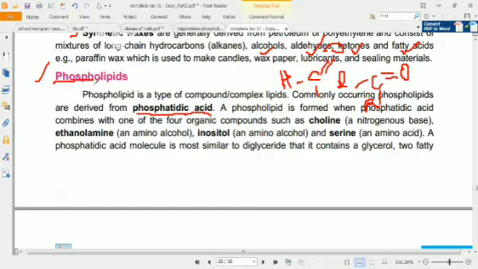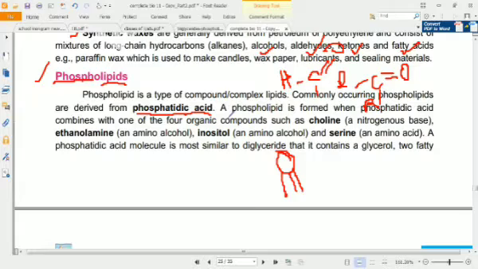Phospho means phosphorus, and that is lipids with fatty acids. As we saw with triacylglycerol, the head of glycerol has three chains of fatty acids present. So this is called triglycerides.